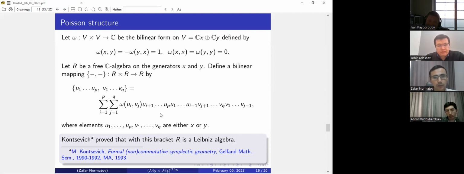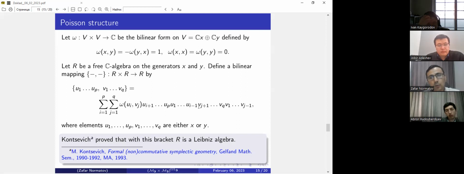If you look at this formula, the Poisson bracket of two words is taken by choosing Ui and Vj. Then we write the word from the letter Ui plus 1 to UP, and then the beginning U1 to Ui minus 1.